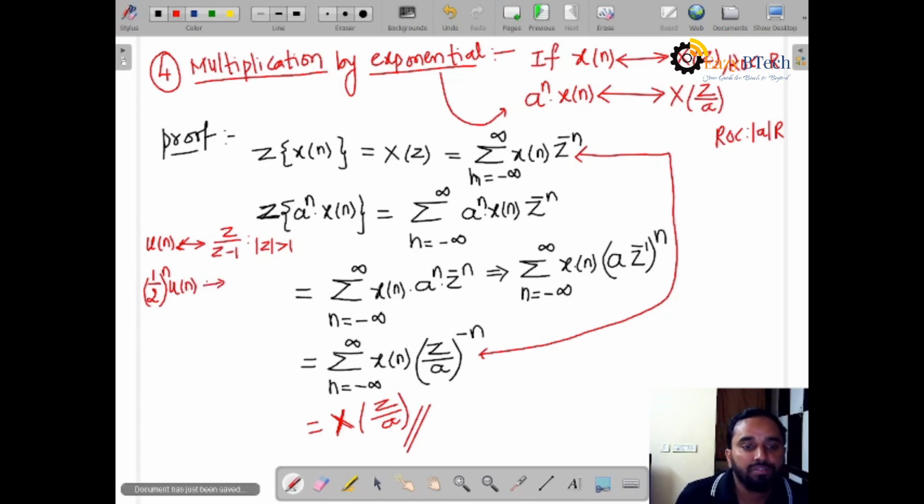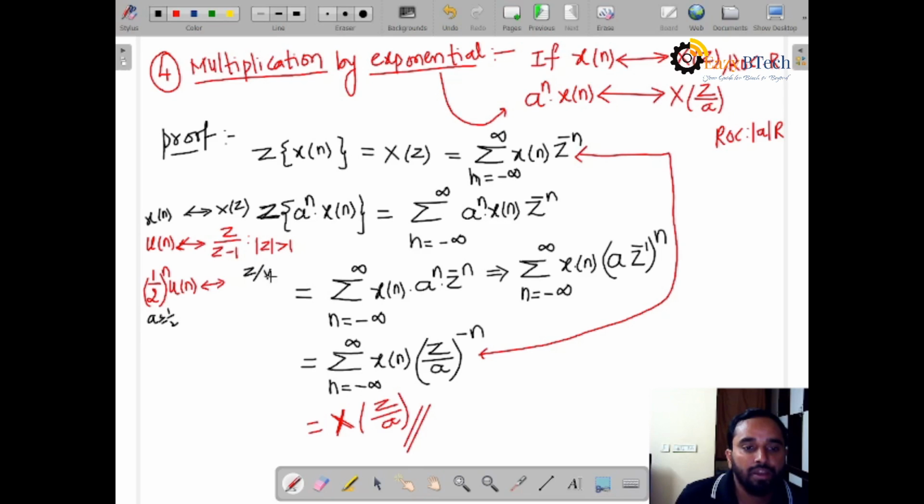So how much is its Z transform? What is the property saying? X of z by a means this is the X of z, the right side is X of z, and u of n is the x of n. Following? Now wherever we have z, write z by a. So what is the a value here? A is equal to 1 by 2, right or not?